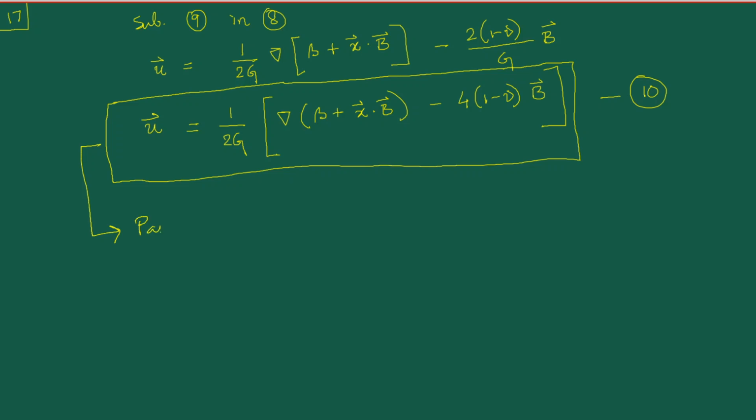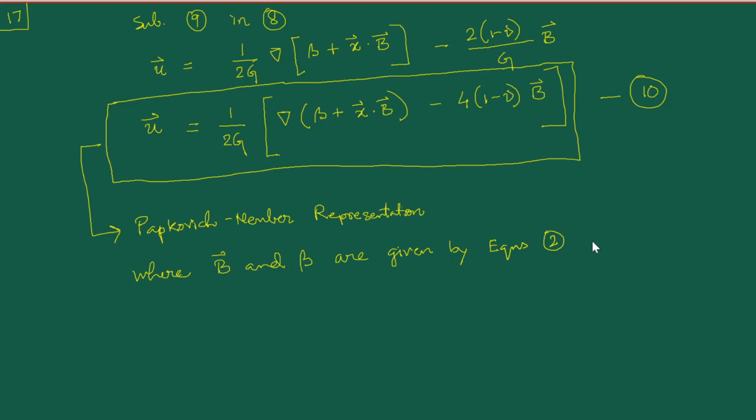This here is the Papkovich-Neuber representation, where b vector and beta are given by equations 2 and 7.